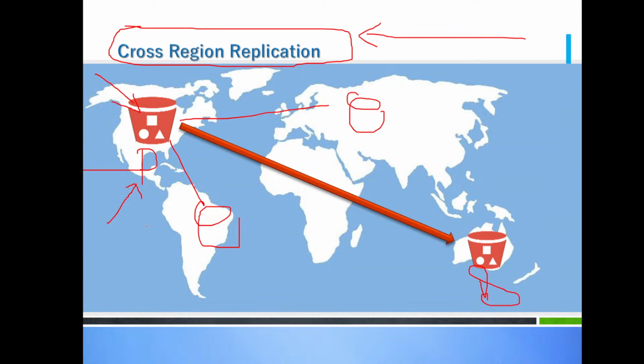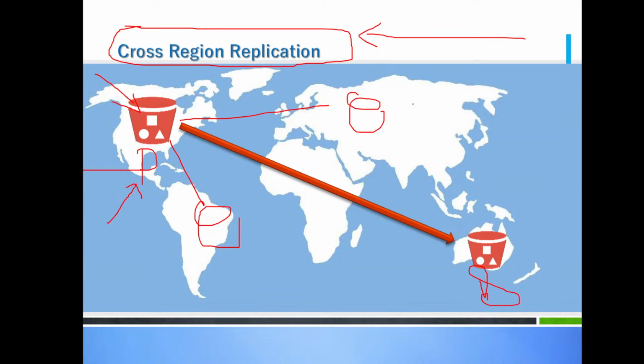Now Amazon will take care of transferring the data from this bucket to the other buckets automatically. It is asynchronous. That means it will take a little time depending on the data size and depending on the request, but Amazon will transfer the data and it will be very fast and very cheap as compared to uploading the data in each and every bucket. That is called cross region replication.